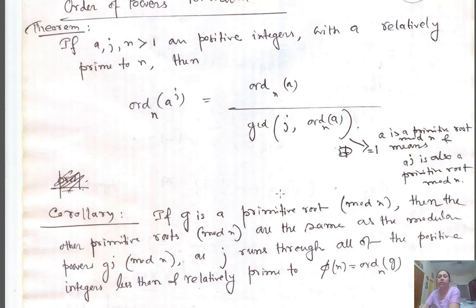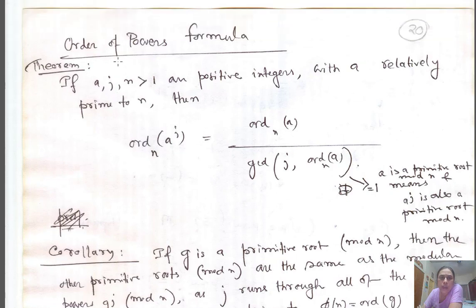Now we have already seen how many generators, how many primitive roots, Zn star has. Suppose Zn star is cyclic.